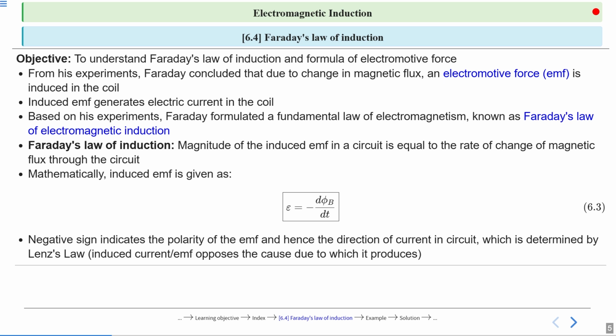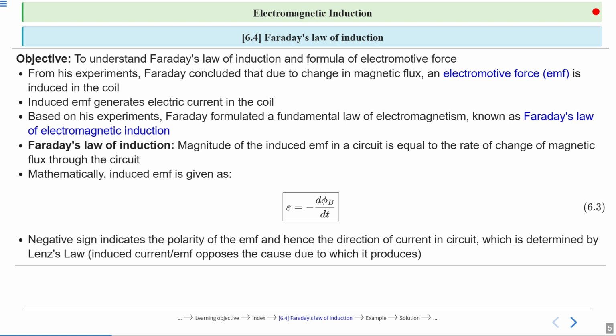Induced current or induced EMF opposes the cause due to which it is produced. What this phrase means is that the induced current or induced EMF in the coil will oppose the cause that is producing it.